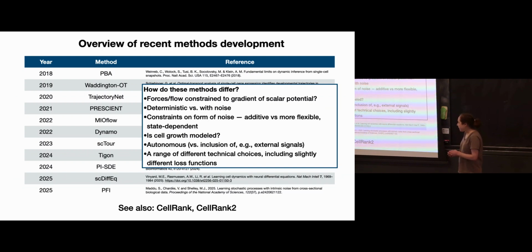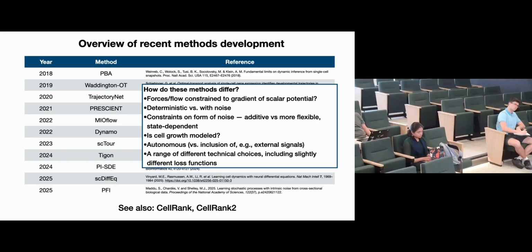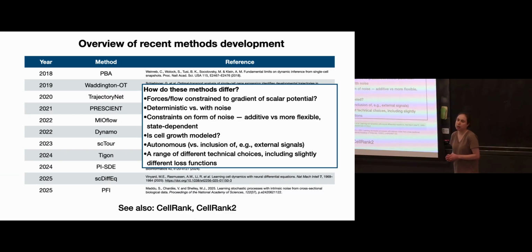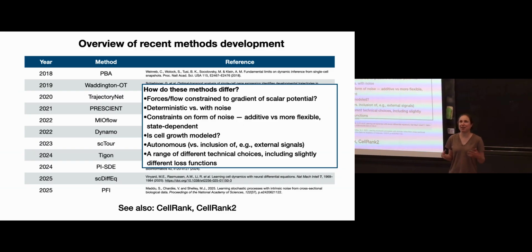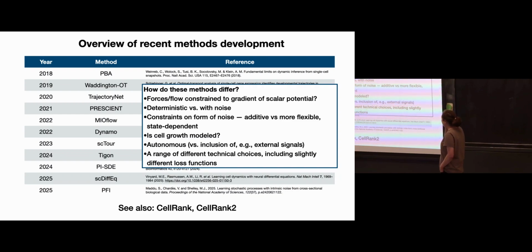There are a variety of constraints on what types of forms the noise can take. One of the tricky things here is that you can't infer an infinite number of things at once. You have to, to some extent, limit the flexibility of what is allowed to be fit, and so there are some choices there. Another is whether or not the cells can themselves grow or die, which, depending on the context, may be important for a particular experiment.